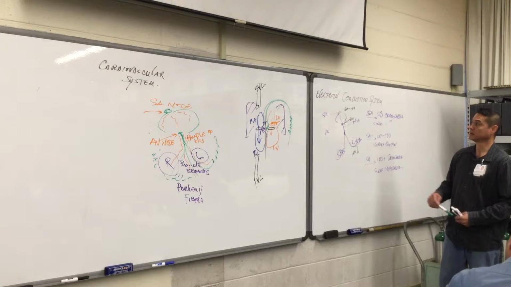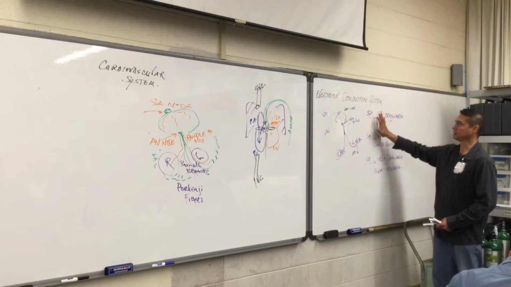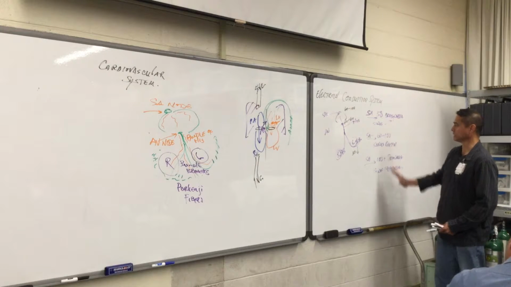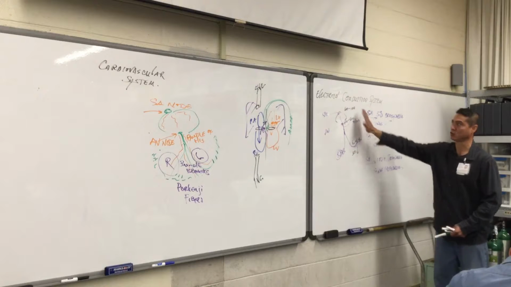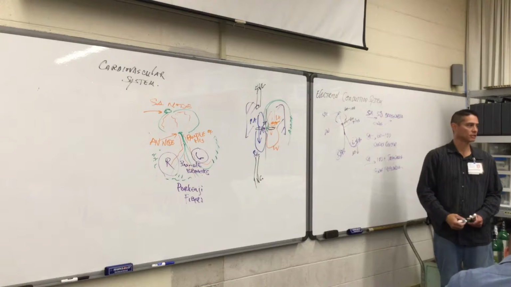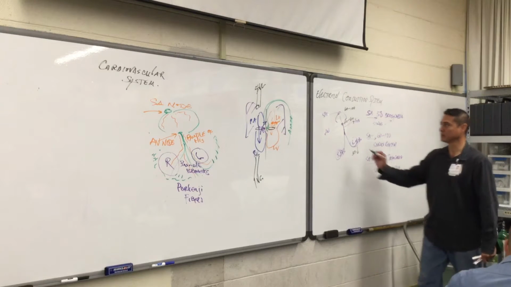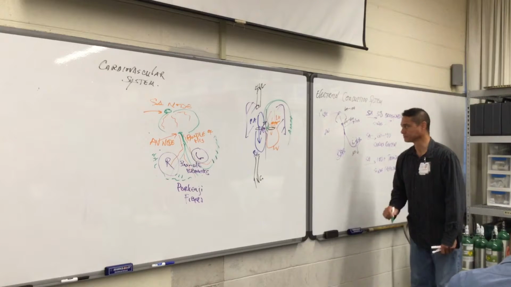Now we can use these rules here as far as rate goes. Anything less than 60 is bradycardia. Anything within 60 to 100 is a normal type of rhythm. And then anything faster than 100 we would consider tachycardia. Remember, the primary pacemaker site is the SA node.